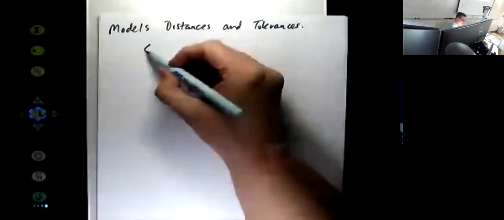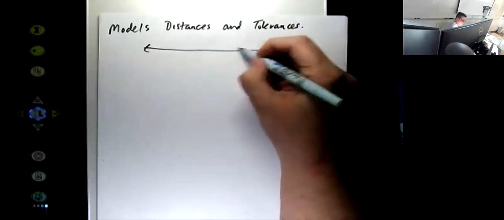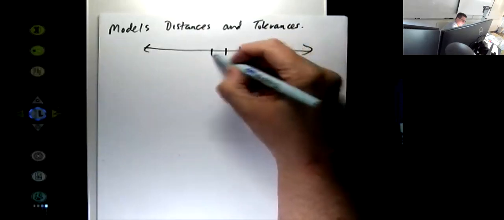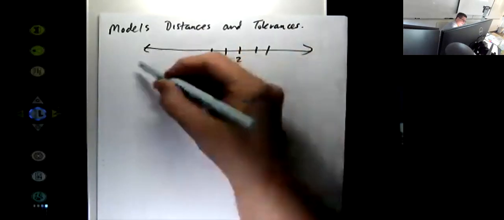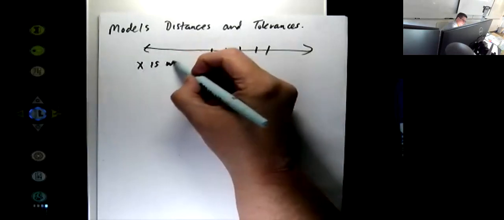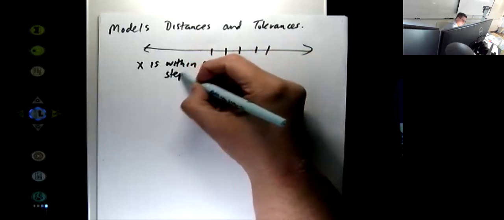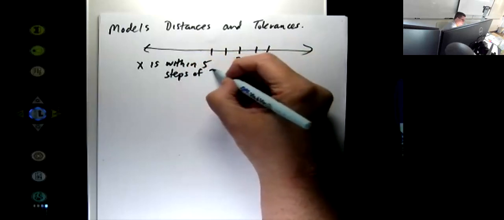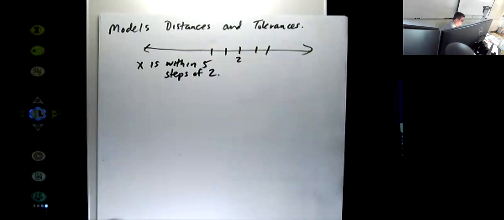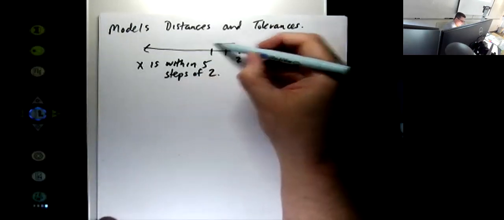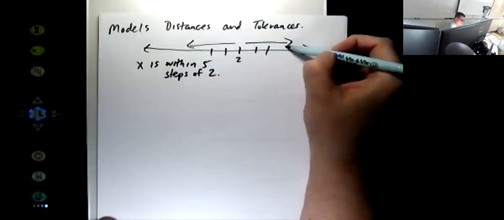So if we're on a number line and I've got the number 2 here, and I want to say X is within 5 steps of 2, or 5 numbers of 2, I'm saying that I can go 5 that way or 5 that way.